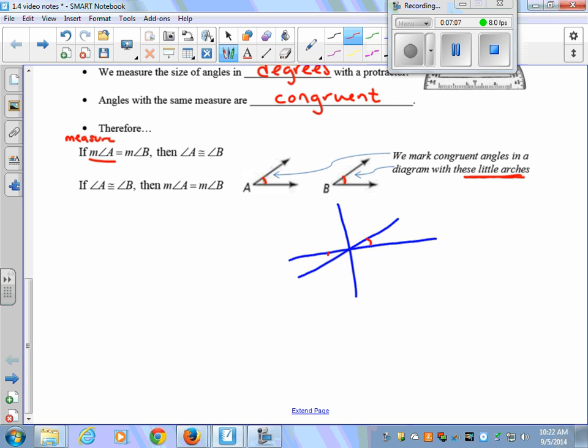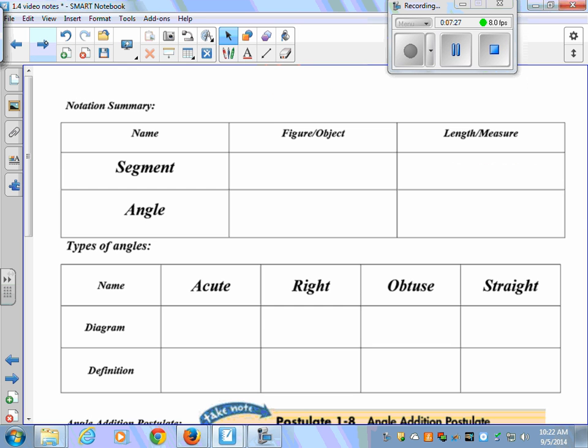This angle is congruent to this angle, so we put a single arch. If we then want to say this angle here is congruent to this angle, we're going to put a double arch. Sometimes you might even see an arch with a tick mark going this way to match, and you just match up the symbols, then you know what's congruent to what.